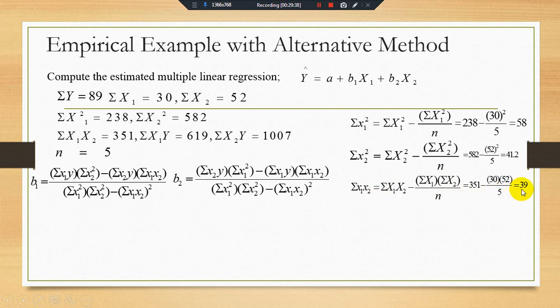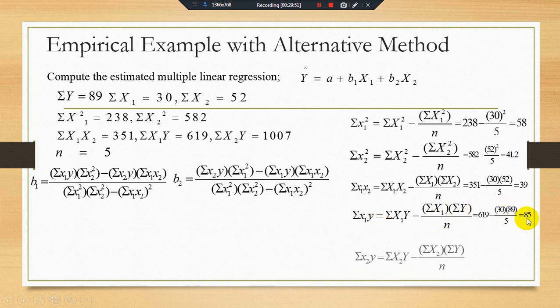After putting the values we get the deviation value 39, and then we have summation x1 y is equal to this formula, and we get the deviation outcome 85. The last one, summation x2y is equal to this formula, and we get deviation part 81.4.